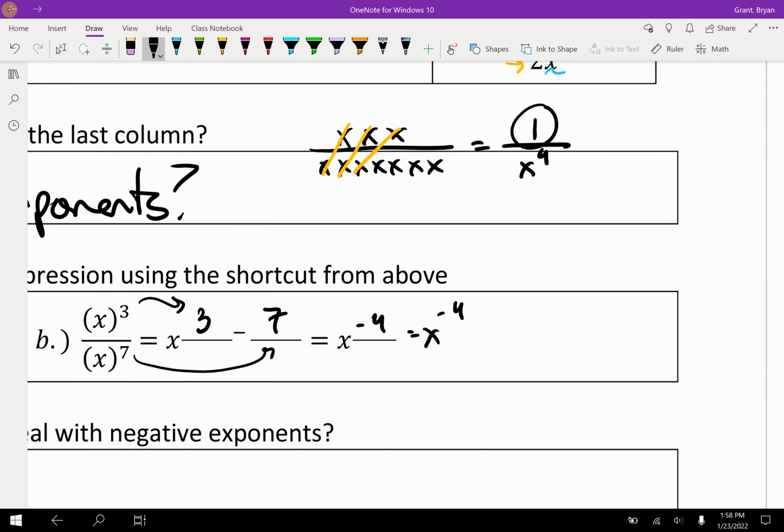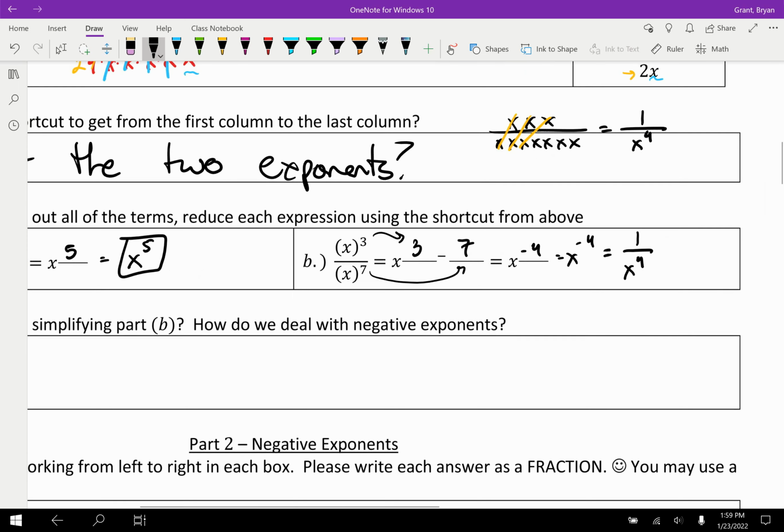We're taking 1, and we are dividing 1 by this number 4 times. We're doing 1, and we're dividing it by x times x times x times x. So that's the equivalent of 1 divided by x, divided by x, divided by x, divided by x. Okay? And so x to the negative 4th is actually 1 over x to the 4th.